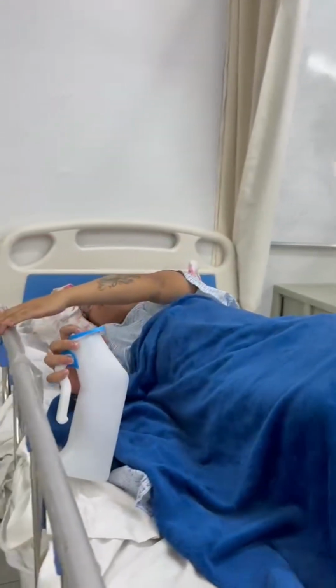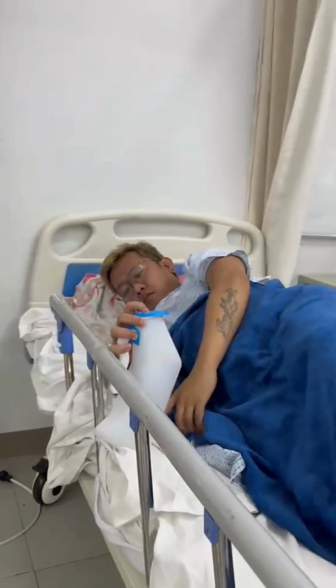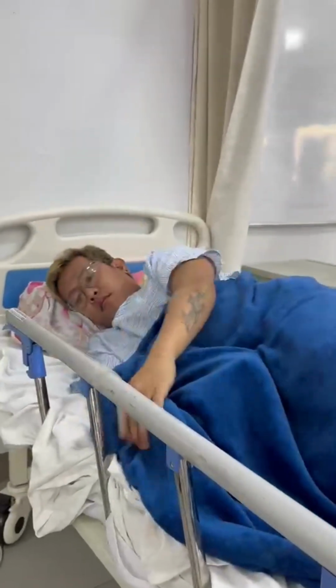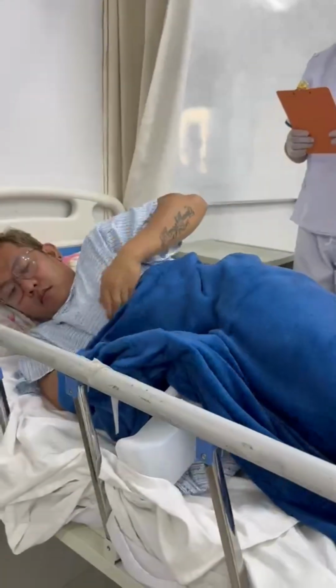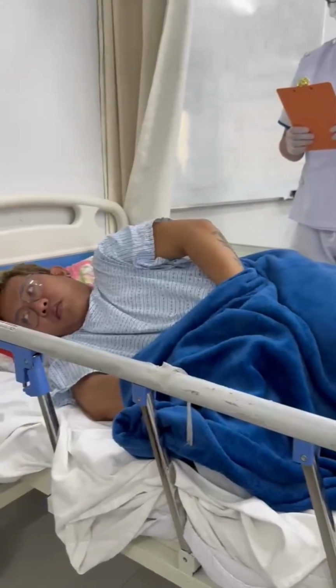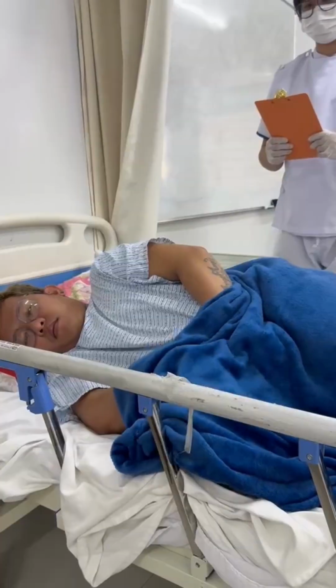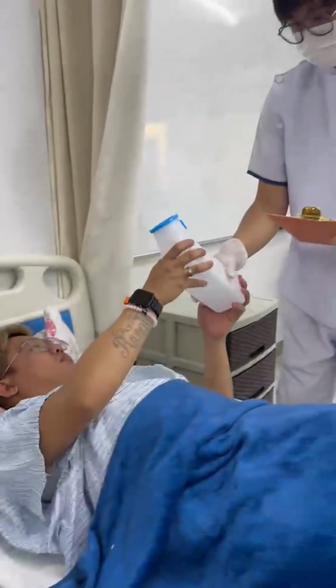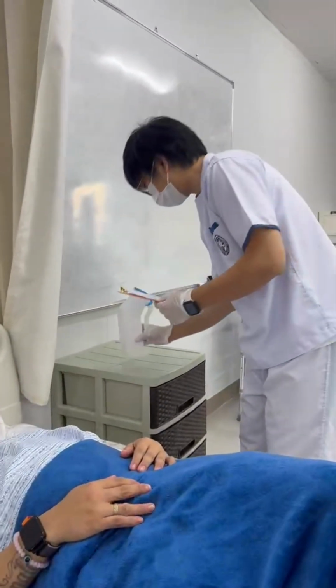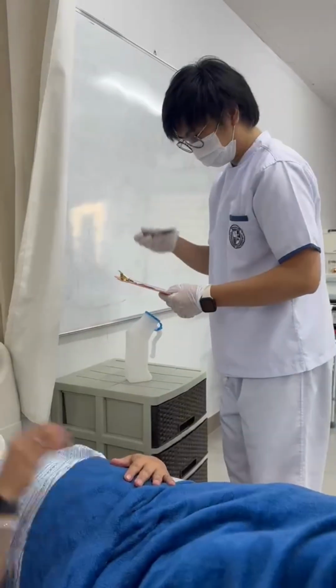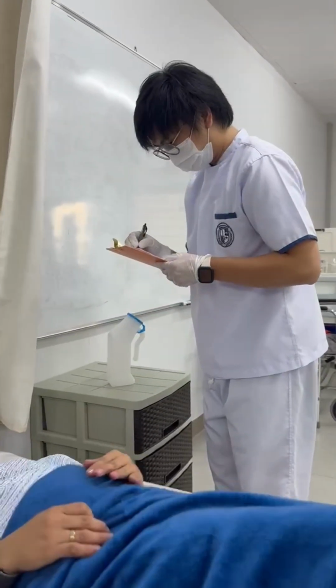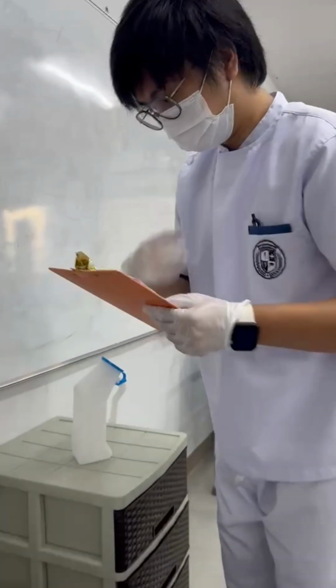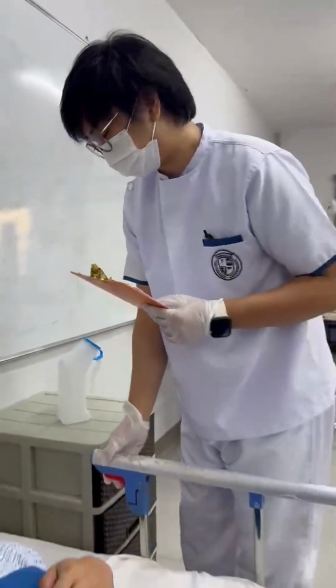Offering urinal and bedpan. Collecting urine and stool specimen. Purpose of collecting stool specimen: to detect infection, parasites, or blood, to diagnose gastrointestinal disorders, to assess digestion and absorption.